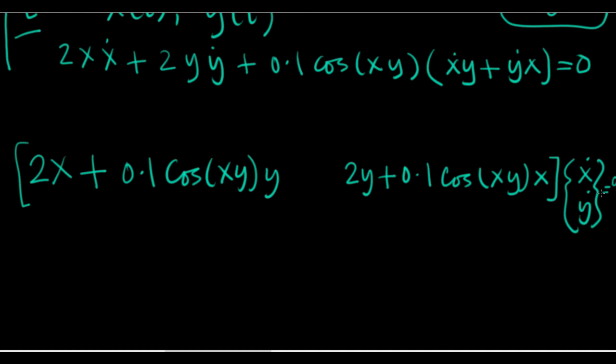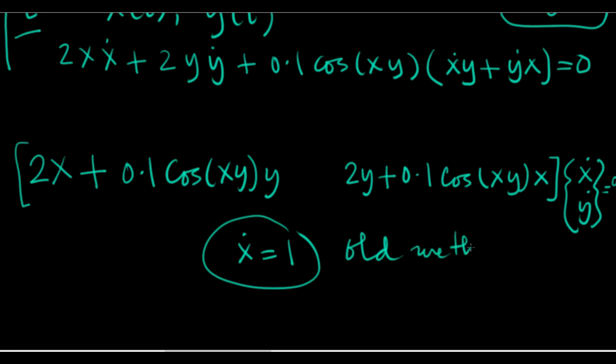If I was playing my old game where I was just thinking of y as a function of x, then basically it is like setting x dot equal to 1. So added to this system, I can add x dot equal to 1, and that would be the old method. But we want a new method which allows the curve to turn around.